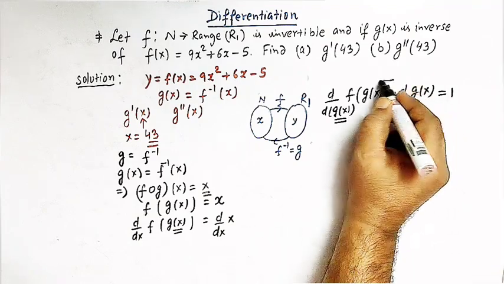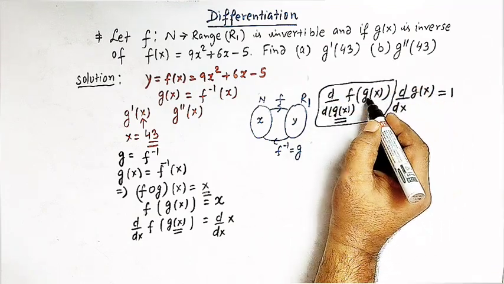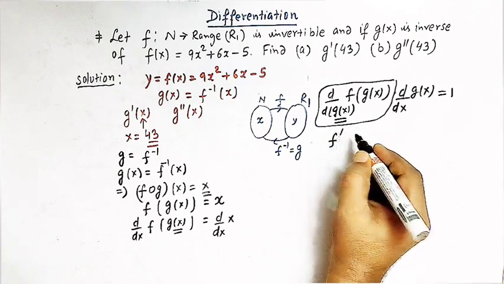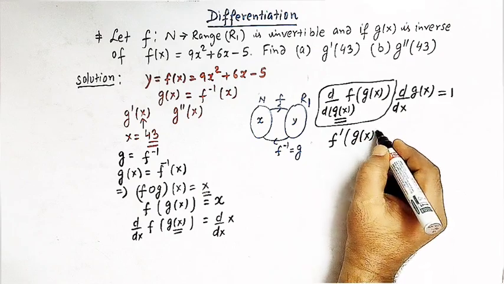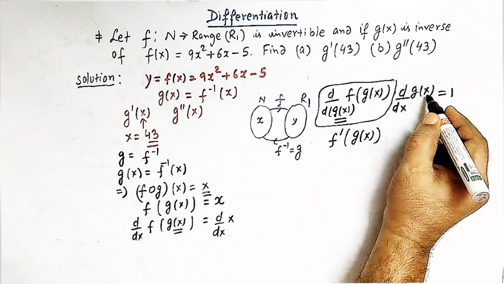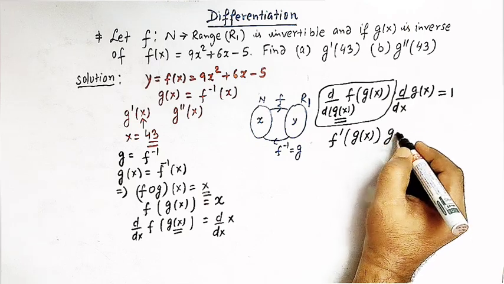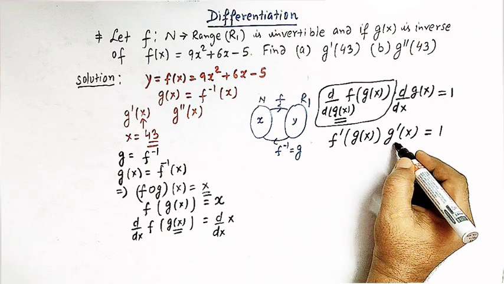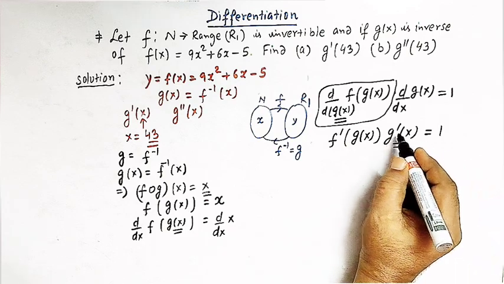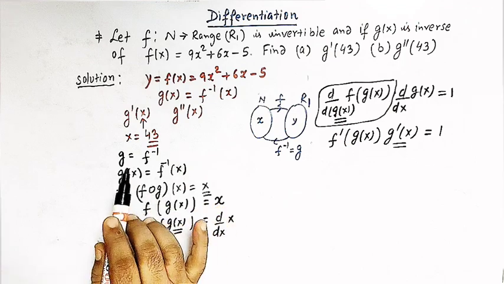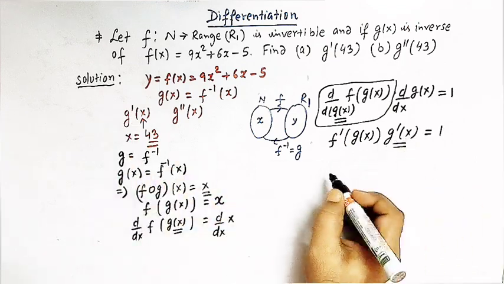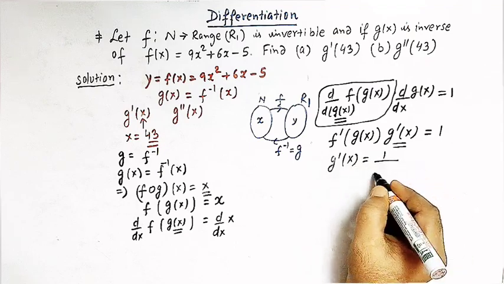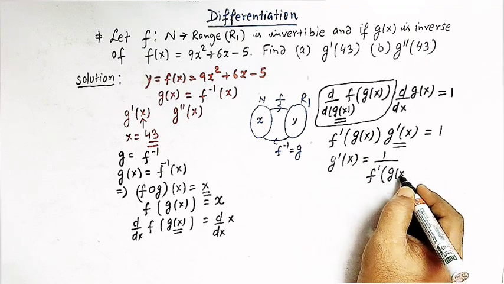Right now, see, the derivative of f of g of x with respect to g of x can be denoted as f prime of g of x, and here the derivative of g of x with respect to x is g prime of x, and this is equal to 1. Right, so here we can see that we have the derivative of the inverse function, that is g prime of x. So g prime of x can now be written as 1 over f prime of g of x.